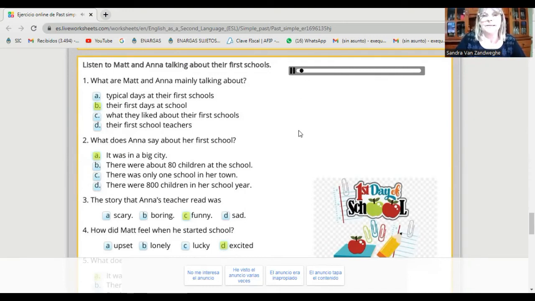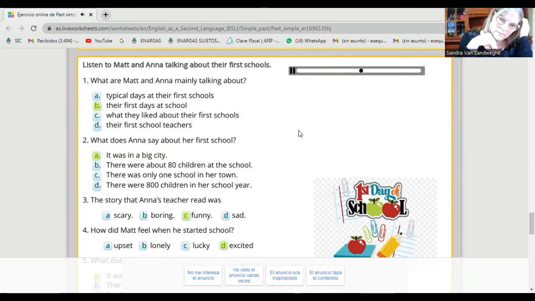Remember your first day at school, Anna? Yes, I do. I grew up in Leeds, which is a very big city. There were about 800 children in the school I went to, so you can imagine that the first day was very scary. Yes, I can understand that. What did you do on your first day? Well, I don't remember everything, but I remember the teacher read us a very funny story.